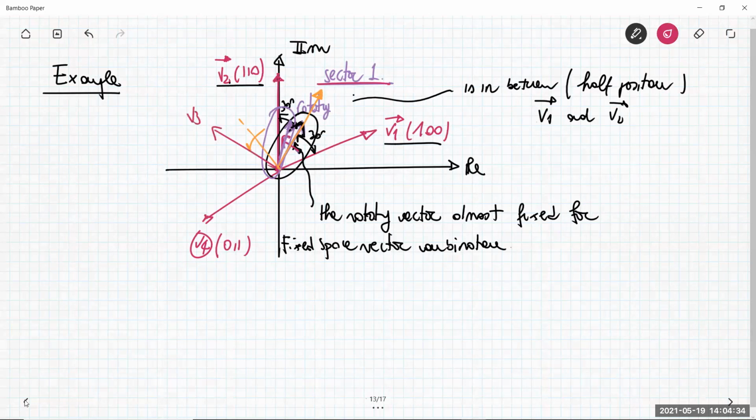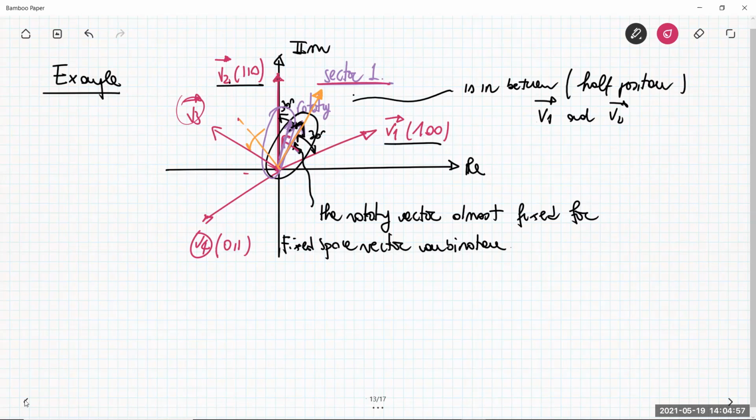I have to combine these two vectors to synthesize the vector. And when the rotating vector goes into sector 3, I have to use V3 and V4. So the combination of the switches that I have to use to synthesize the rotating vector depends on the sector in which the rotating vector is moving.